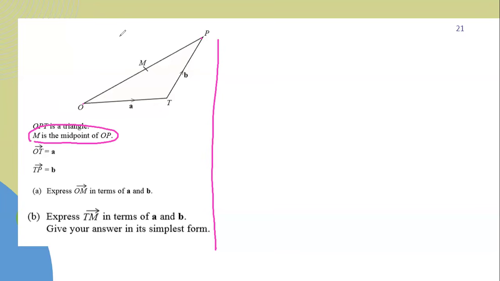So, if I may ask, what would be the ratio O to M, M to P? Put your answer in the chat. What could be that ratio if it is being divided into 2 equal parts? Patrick says 1, 1.